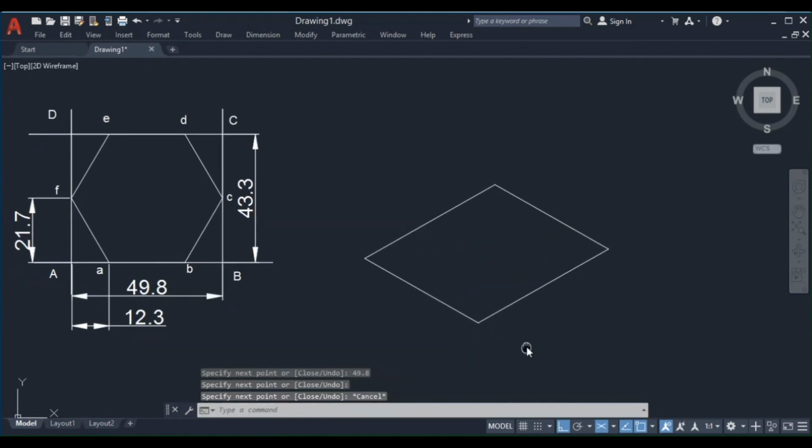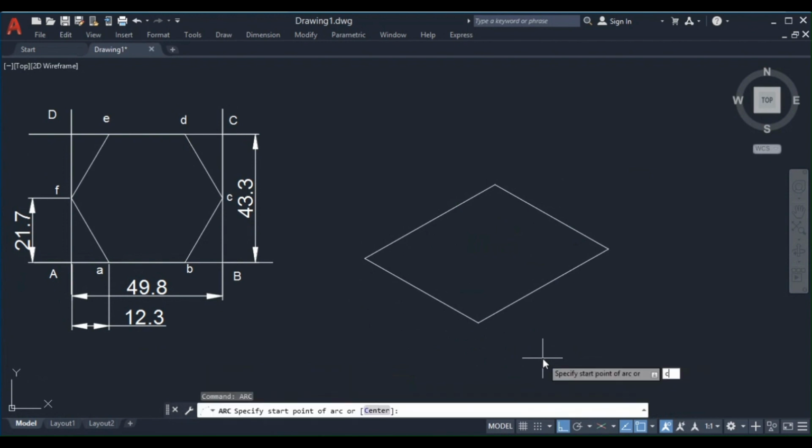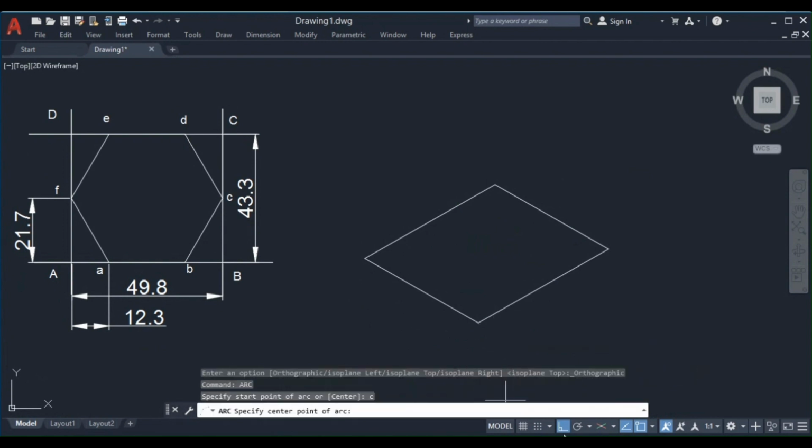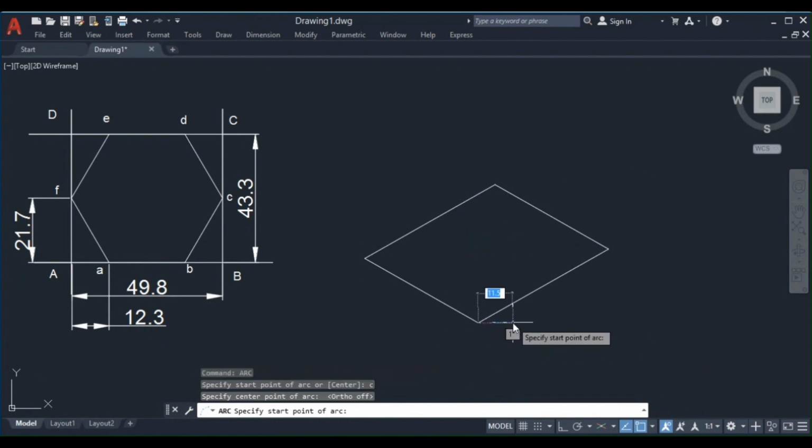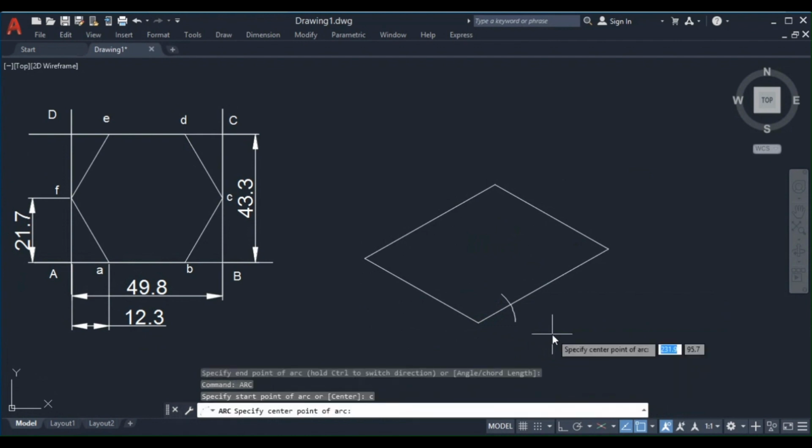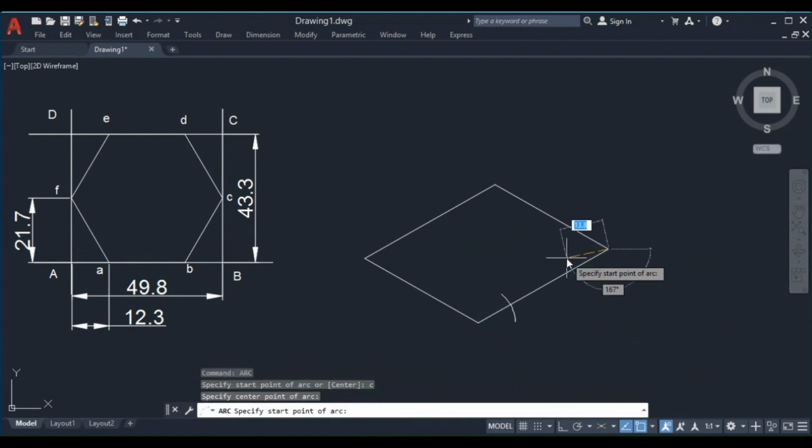So using 12.3, 12.3. So arc and C enter. 12.3 tab. 12.3 tab.